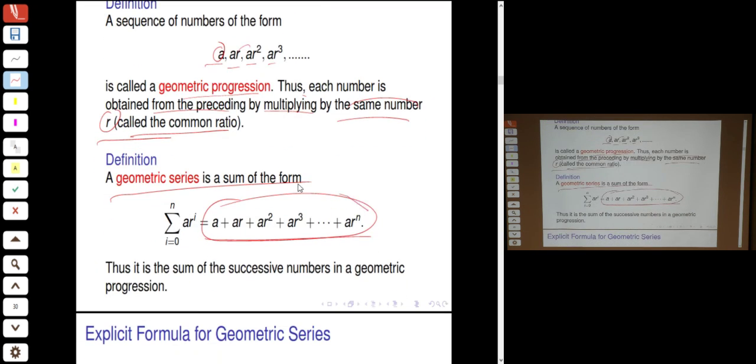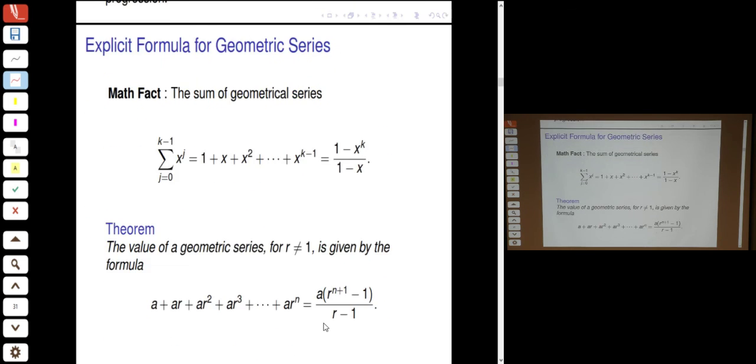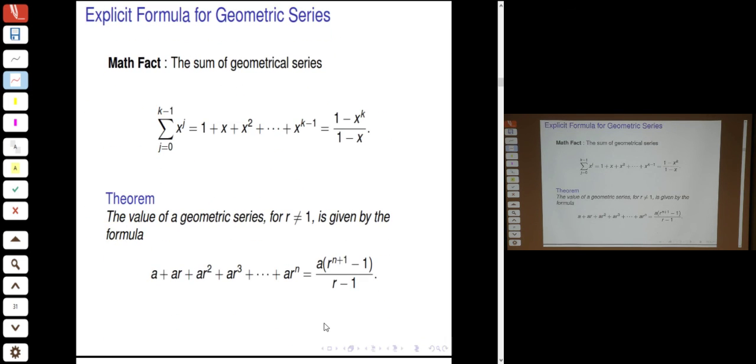So let's now look at a formula for the sum of the geometric series, like we did for the arithmetic series. The sum of the geometric series is a times r to the n plus 1 minus 1, over r minus 1. Notice that this is true for r not equal to 1, because if you put r equal to 1, you will have division by 0, which is not allowed.